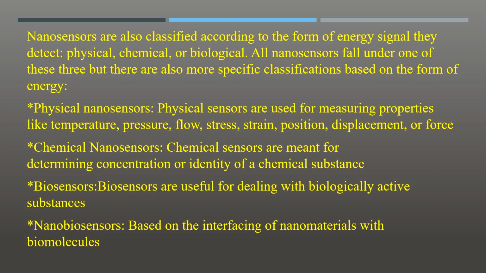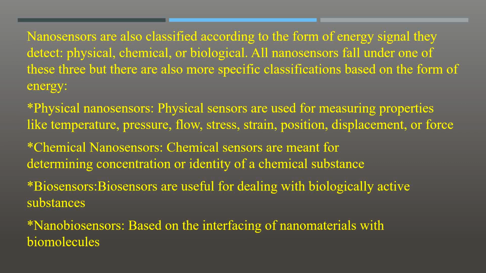Nanosensors are also classified according to the form of energy signal. They detect physical, chemical, or biological signals. All nanosensors fall under one of these three, but there are also more specific classifications based on the form of energy. Physical nanosensors are used for measuring properties like temperature, pressure, flow, stress, strain, position, displacement, or force.